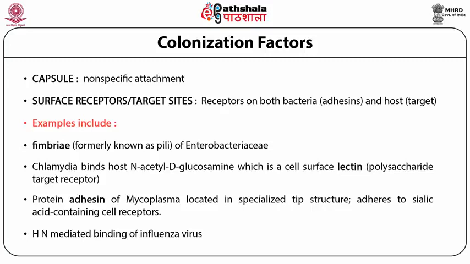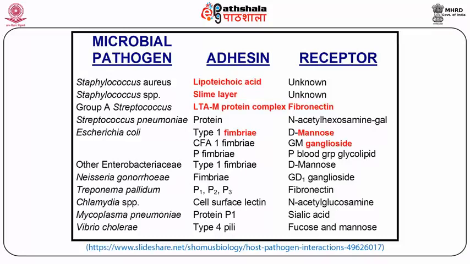So these ligands bind specifically with the host cells via a specific receptor. It indicates specific adhesin and receptor. For example, for group A Streptococcus, the LTA-M protein complex is the adhesin, whereas fibronectin acts as the receptor.